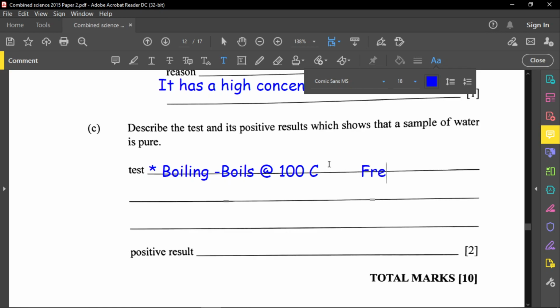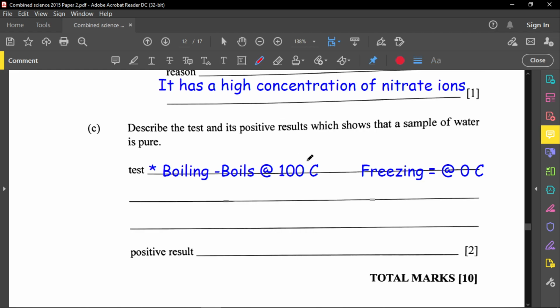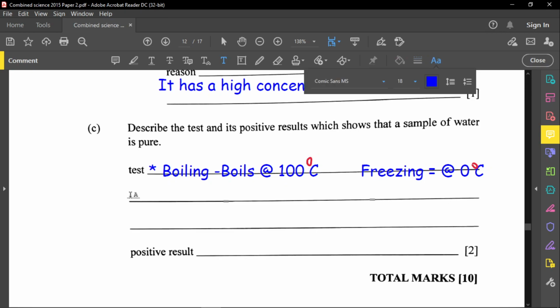If it freezes at 0 degrees Celsius, the freezing method could be used. Those are two basic tests, but some tests may prove difficult, especially if you do not have the proper equipment to do them. Or you could do both boiling and freezing as one experiment.